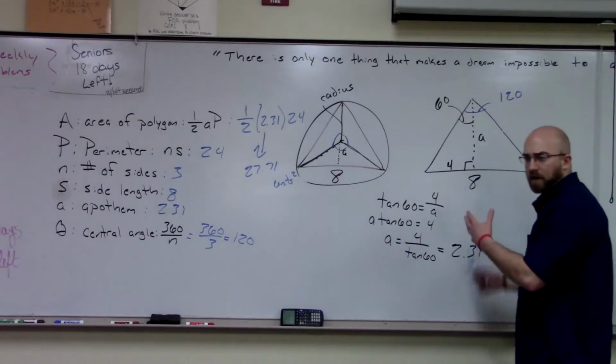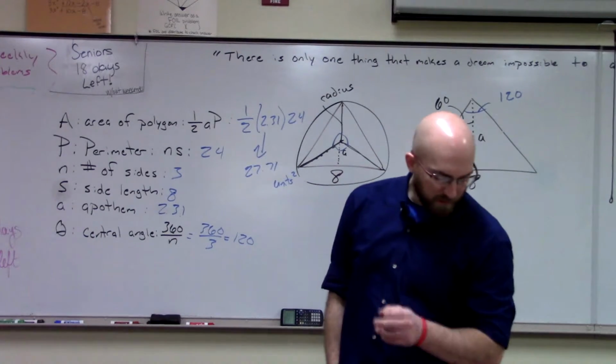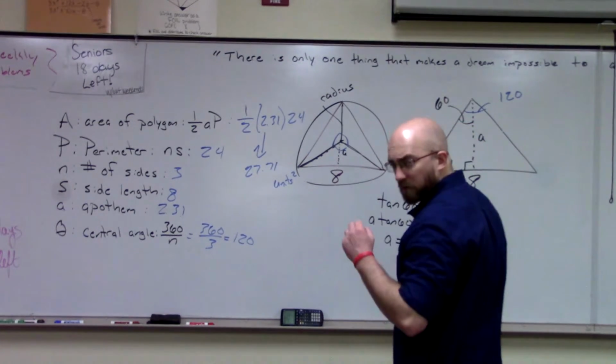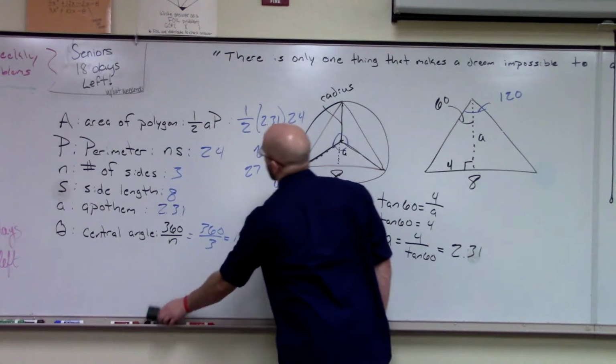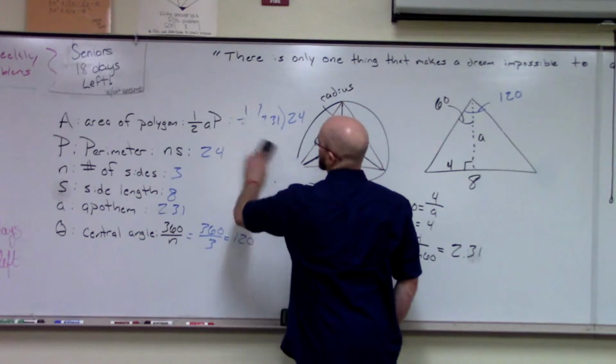So that's how you find the area of a triangle when they give you a side length. I'm going to do 2 more examples, so I'm going to go ahead and erase all this.